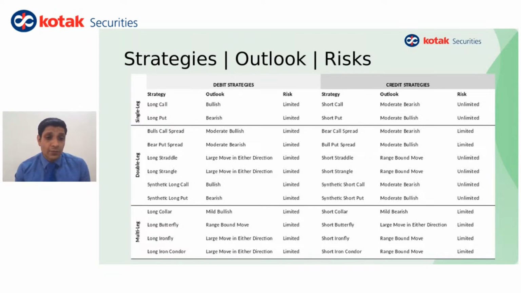It is good to have a sheet like this, where it is easy for you as a trader to understand the risk and how to determine the outlook. Once you determine the outlook, you see what options you have to choose a strategy. And again, as I said, the risk: whether you're willing to take unlimited risk, or whether you are prone to not take that high kind of risk, and just go with a hedged model.